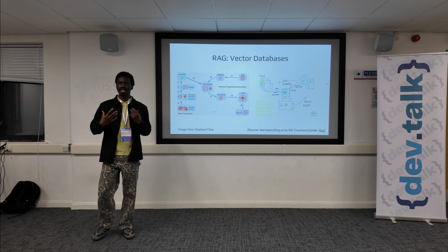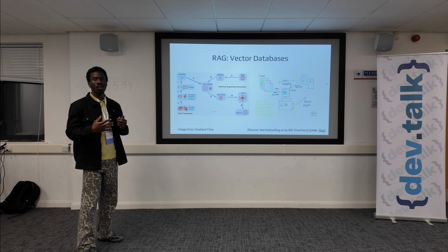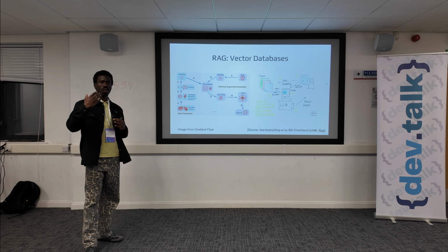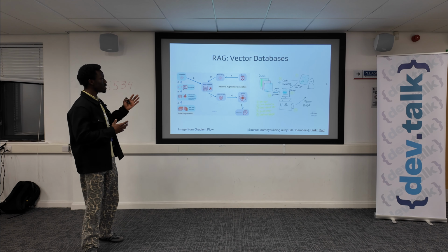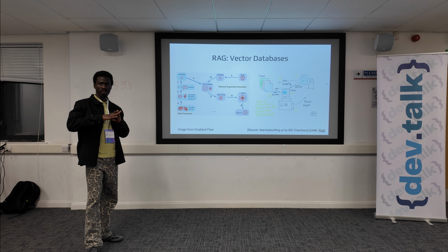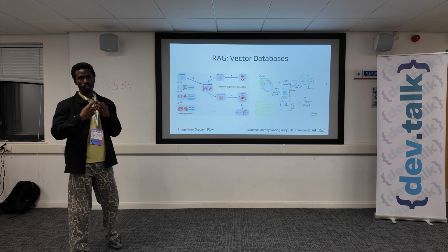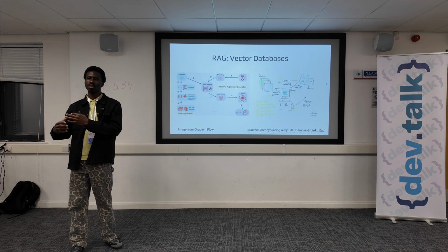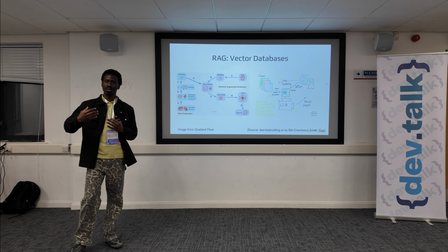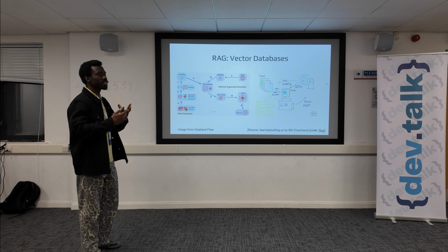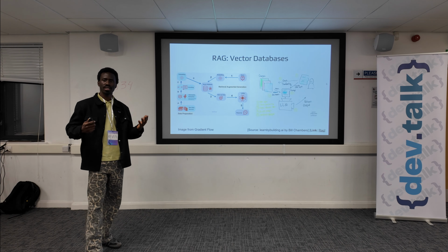With these types of databases, the way RAG works is that when you send an LLM a query, it goes into the database and tries to find any document which is similar to the query that you've provided. Then it retrieves that information and passes it off to the LLM to make its prediction or inference.